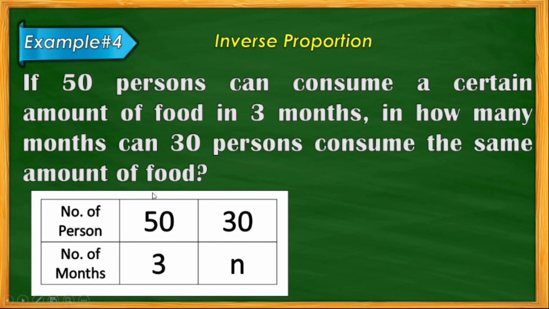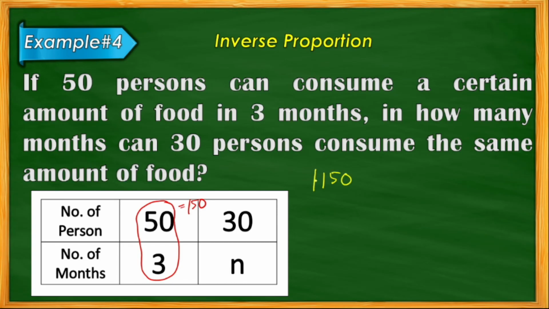Now, let's multiply. You're going to multiply 50 multiplied by 3, the product would be 150.